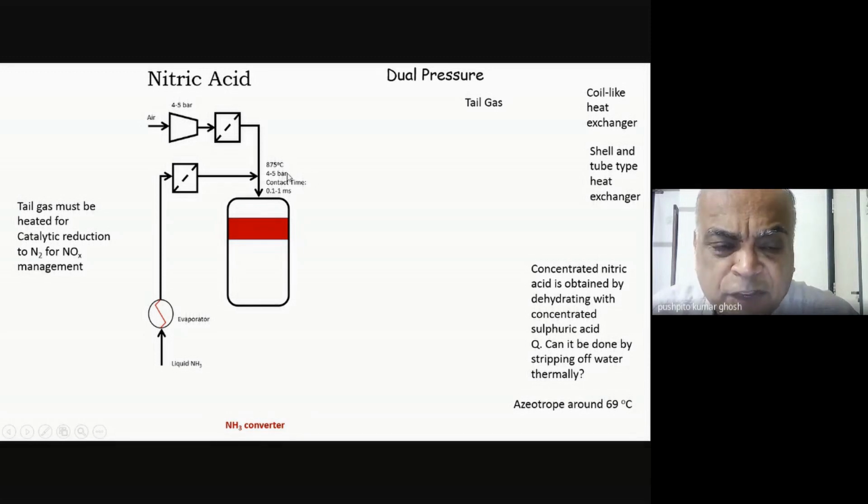The pressure obviously helps in having a higher flow rate through the catalyst bed. So it's going through over here, and because there's a lot of heat being generated. Oh, there's one more.